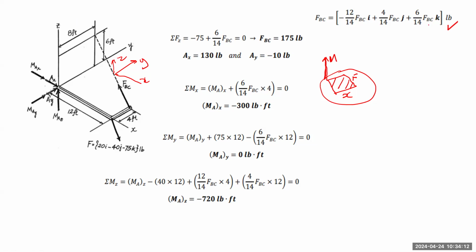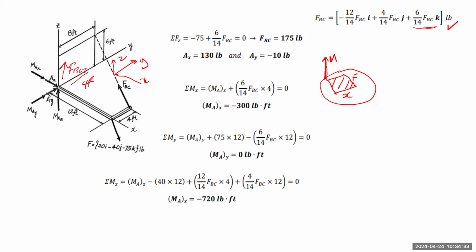So this component is going in this direction, and your distance is in this direction. This is 4, and this is your FBC z. So your FBC z is in this plane.